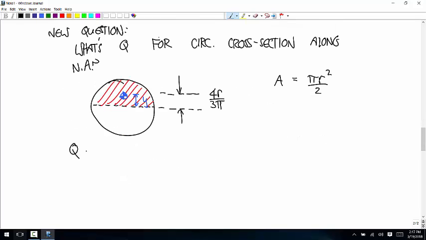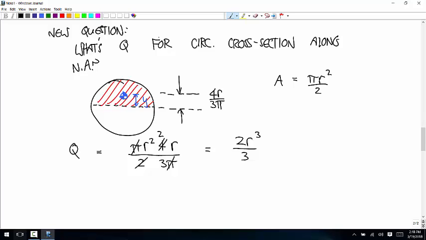And so Q is pi r squared over 2 times 4r over 3 pi, and you get a bunch of cancellations. This 4 becomes a 2, that cancels, and you get 2r cubed over 3, and that's just always what it is.